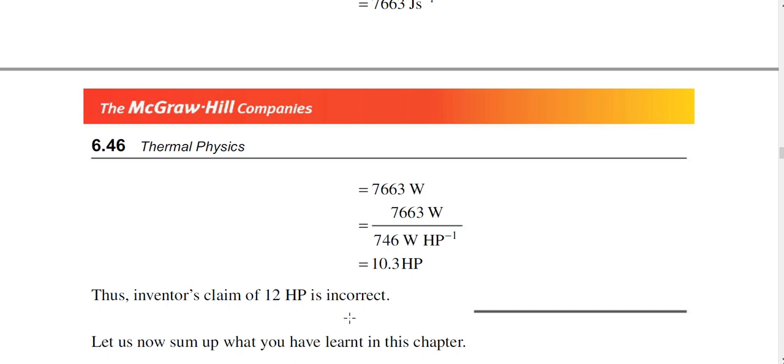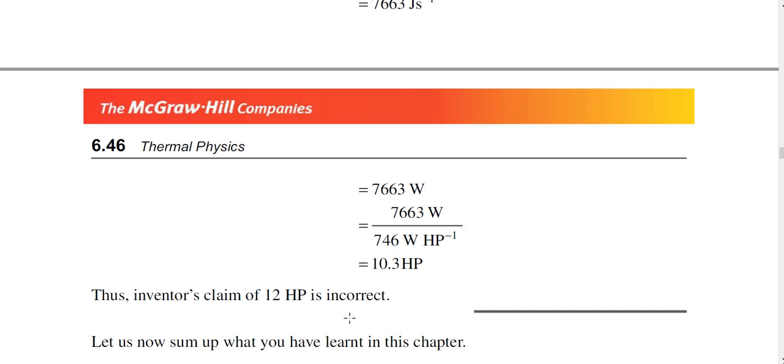So these are some examples of the numerical problems which have been given in this particular textbook. So I will request the students to go through the text portion of this book at first. Just clarify the concepts of heat engines and refrigerators.